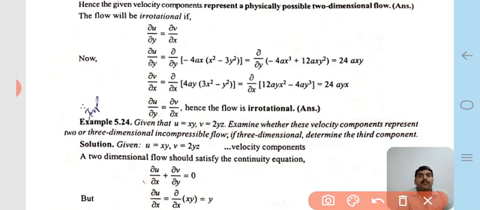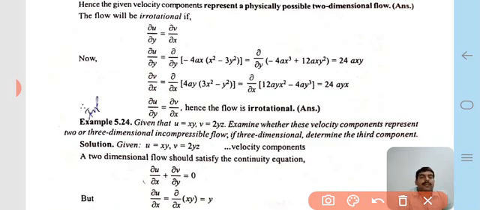Now the flow will be irrotational if del u upon del y is equal to del v upon del x. If both of these values are equal, then the flow is called irrotational.